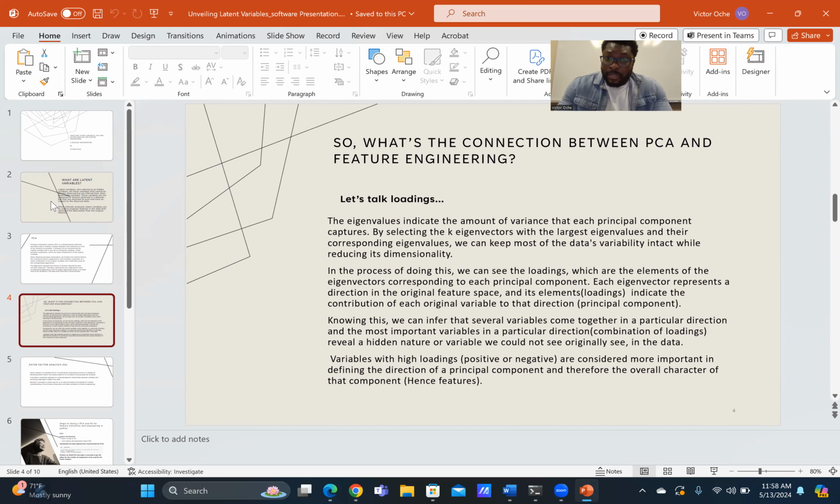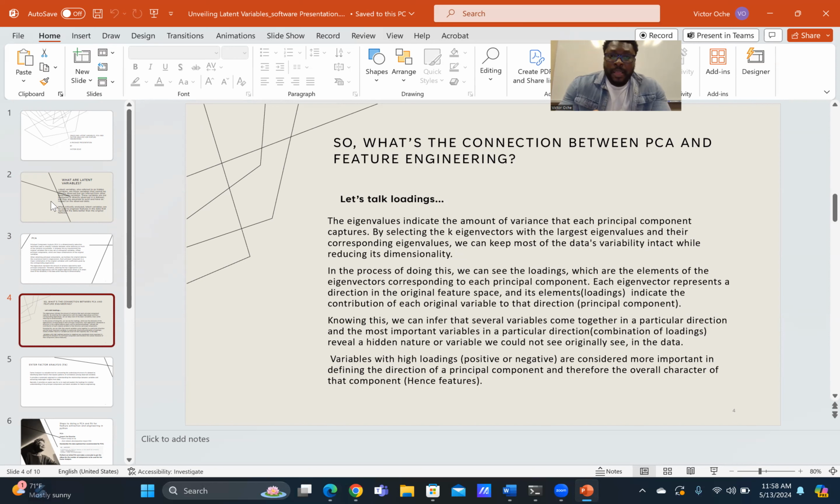Now, while we're doing this, we can see the loadings. The loadings represent the elements of the eigenvectors corresponding to each principal component. Each eigenvector represents a direction in the original feature space, and the elements, which are the loadings, indicate the contribution of each original variable to that direction, to that principal component.